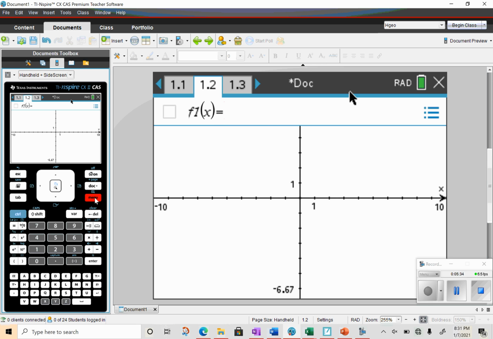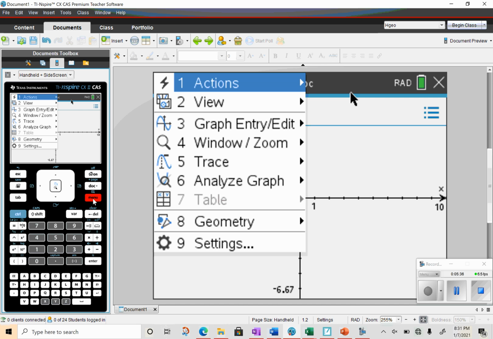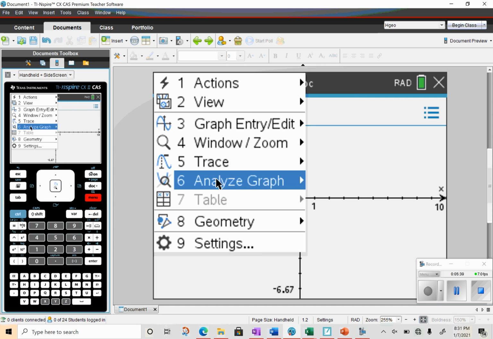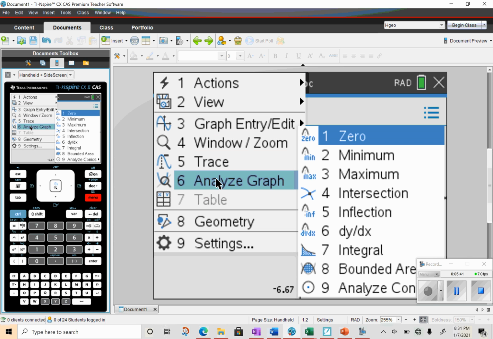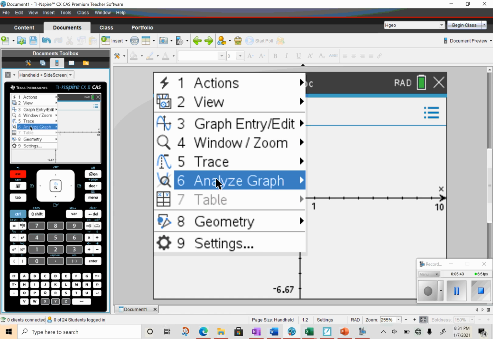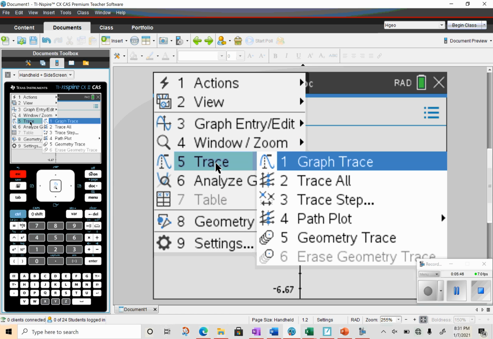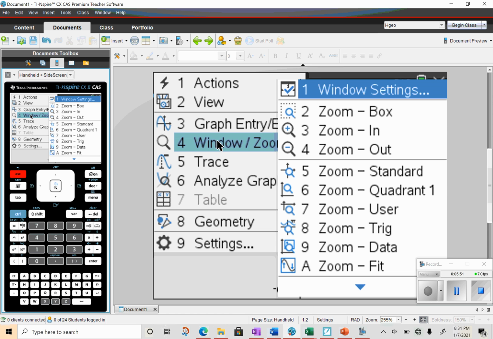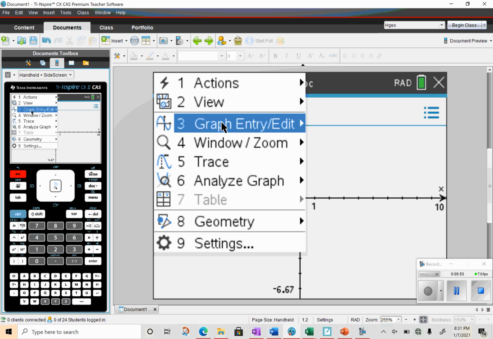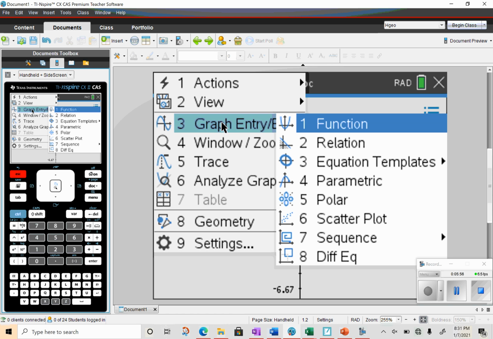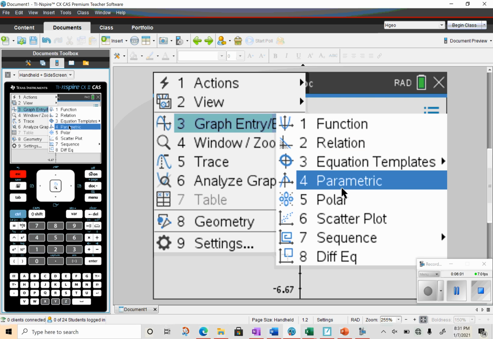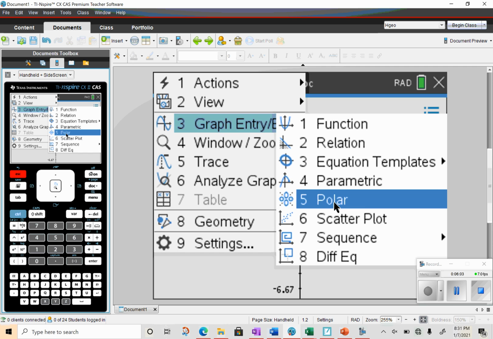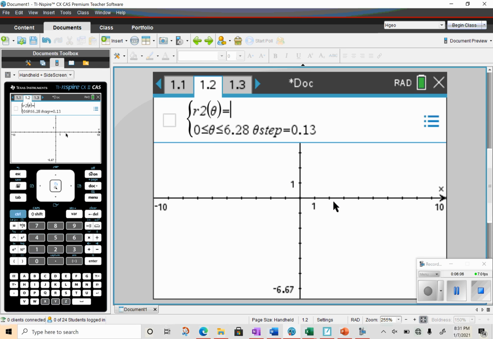So if I come over to my menu function, I'm looking at, oh, again, hopefully you remember some of this analyze stuff where we can find points of intersection, max and min and zeros. Trace is always fun. Option 4 there, where we change the window settings to try and get things to fit. What we need right now is option number 3. We're not graphing a function or a relation. We are going, look at that, option number 5, our polar graphs. And you see here how things have immediately changed.